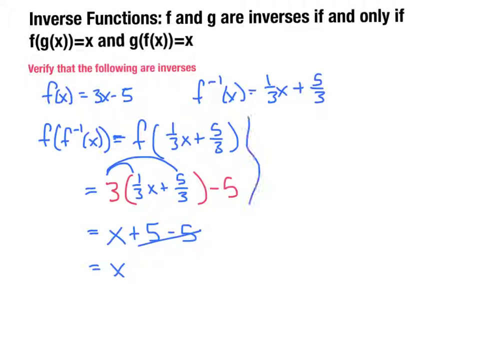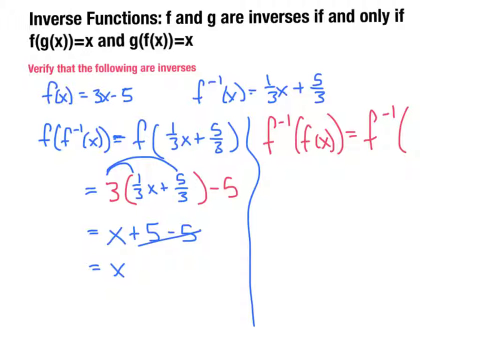I also have to check that f inverse of f of x also equals x. So this time I'm going to take the f inverse, and what are you replacing the x's with? This other function, 3x minus 5.